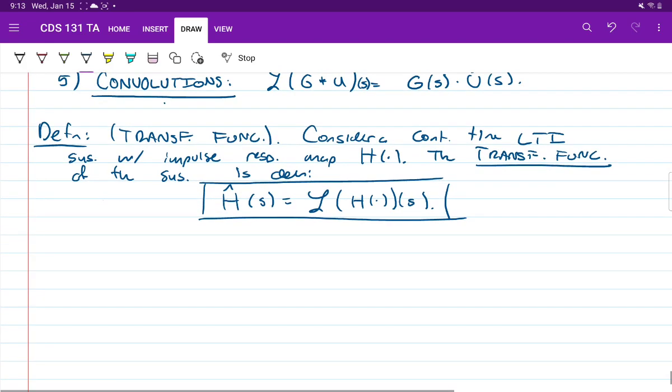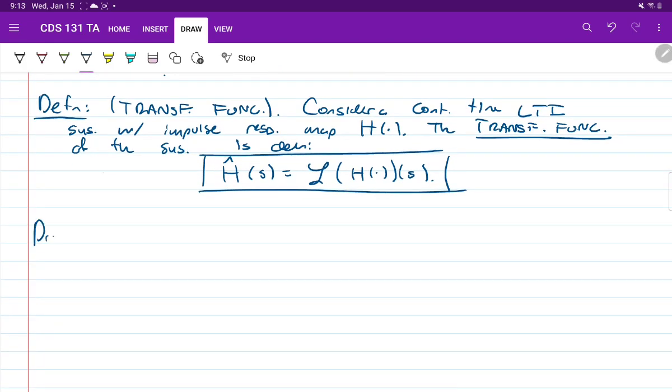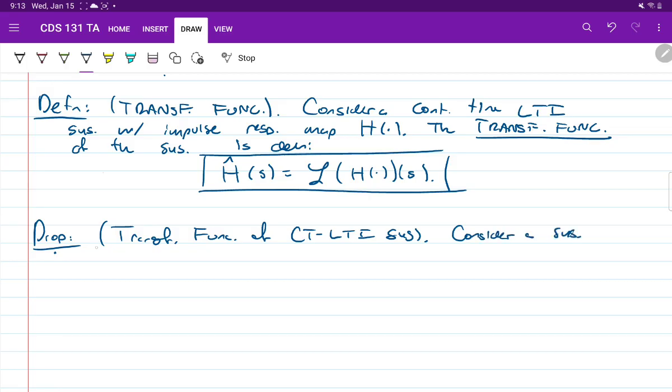All right? So let me just state one final proposition, and then we'll end the lecture. So proposition, this is the transfer function of a continuous time LTI system. Consider a system representation A, B, C, D. This is an LTI continuous time system representation.